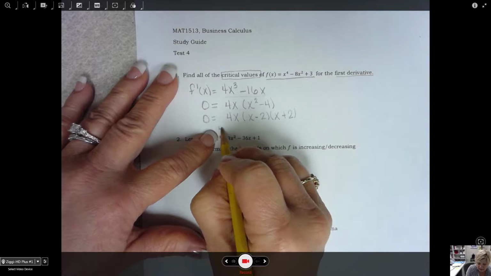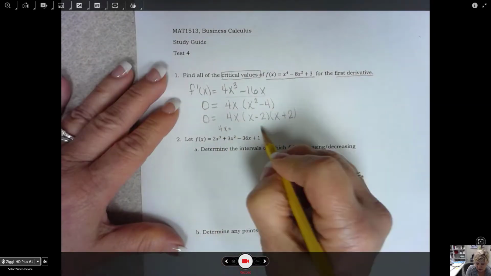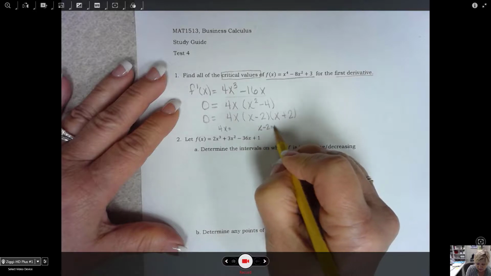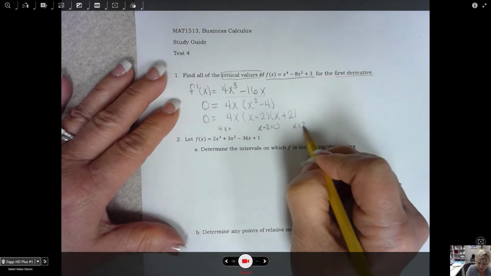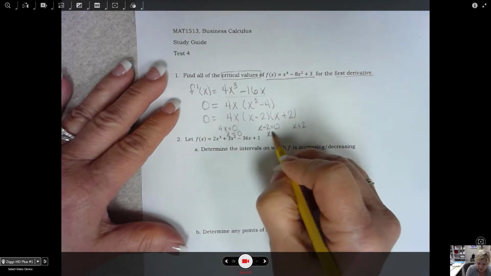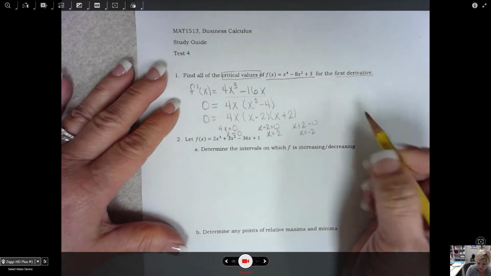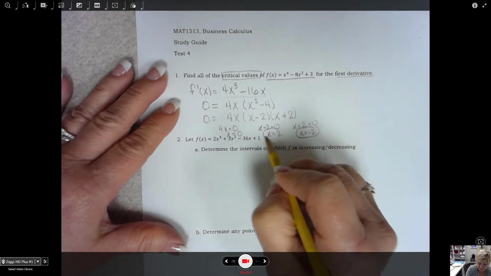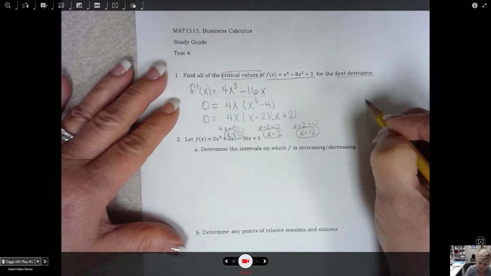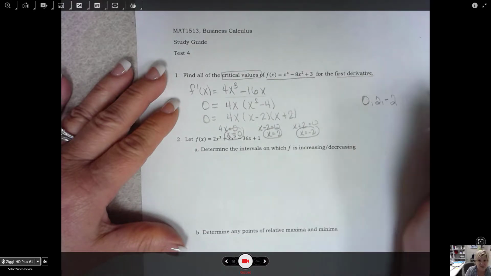Set each x factor equal to 0, and you can solve for each x. In this particular case, we have x is 0, x is positive 2, x is negative 2. These are my critical values. They would be 0, 2, and negative 2.